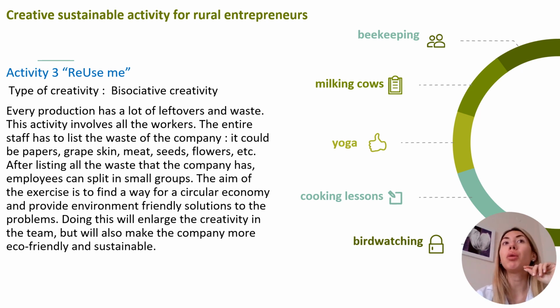After listing all the waste that the company has, employees can split into small groups. The aim of the exercise is to find a way for a circular economy and provide environmentally friendly solutions to the problems. Doing this will enlarge the creativity in the team, but will also make the company more eco-friendly and sustainable.